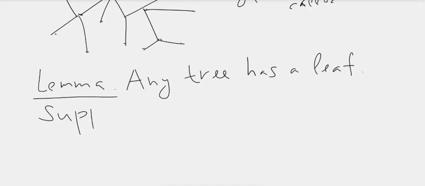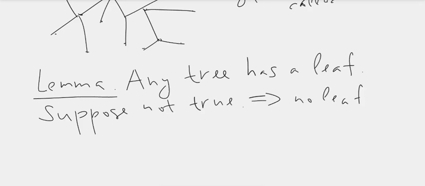So suppose it's not true. It means that there are no leaves. So the degree of any vertex is at least 2.